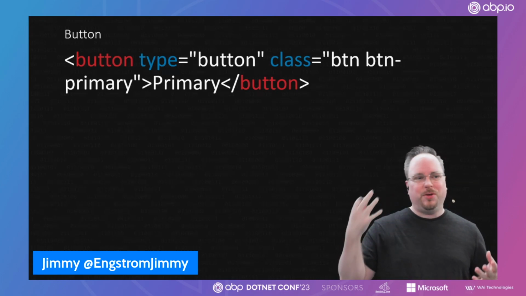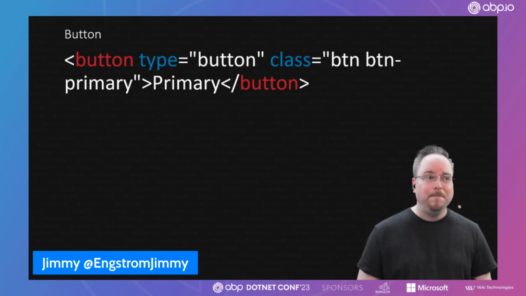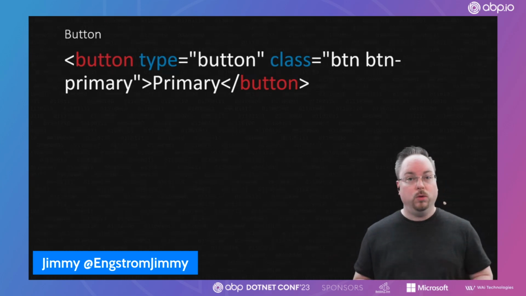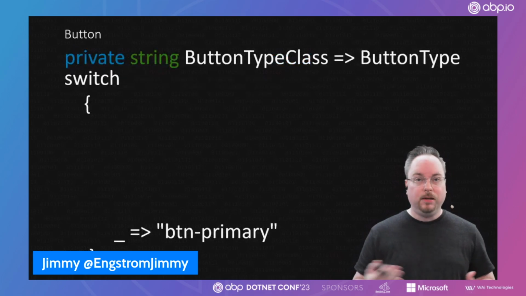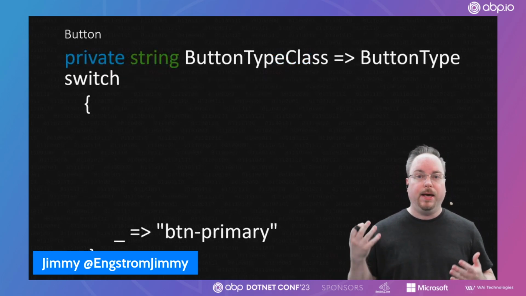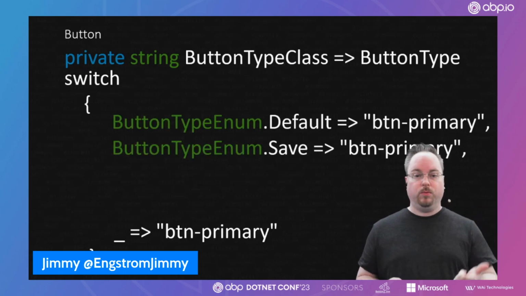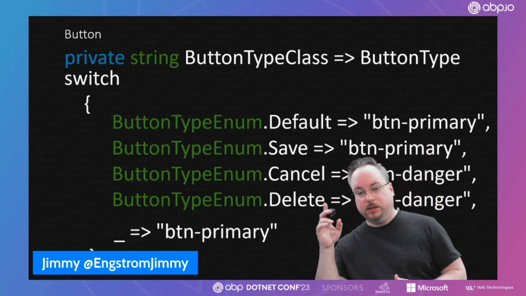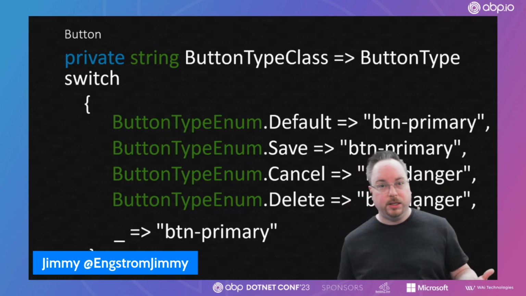Now, instead of trying to remember all of these things and do it that way, what we can do is create our own set of components, our own button. So basically what we did was that we set up an enum. So we have one for default, we have one for save, we have one for cancel, and we have one for delete. And as you can see up here, two of them are using primary and two of them are using danger.